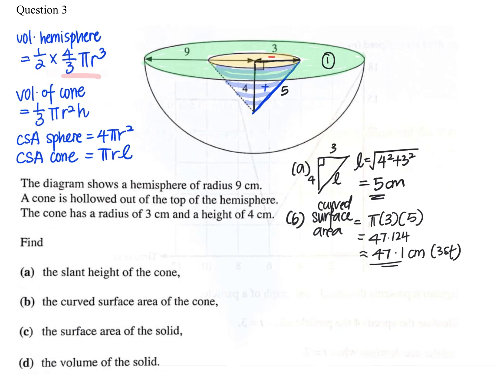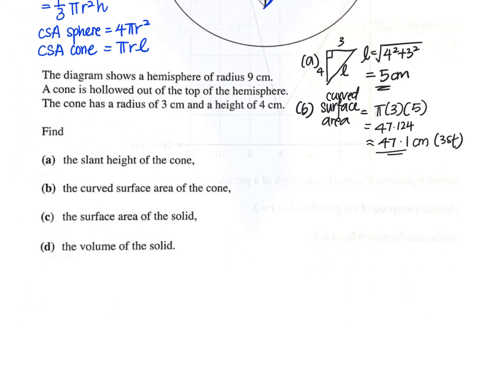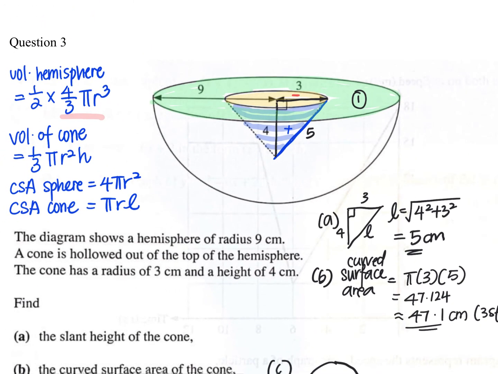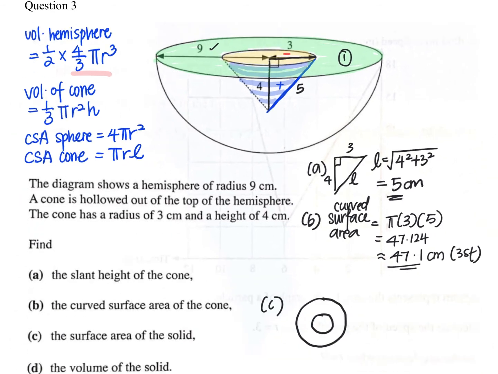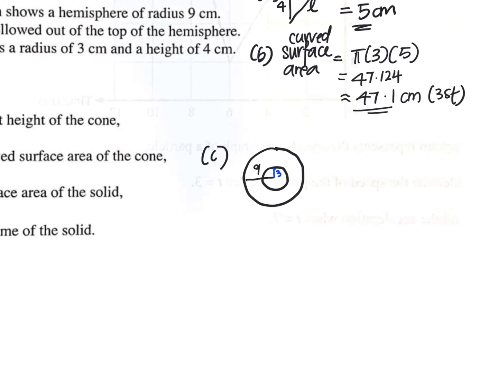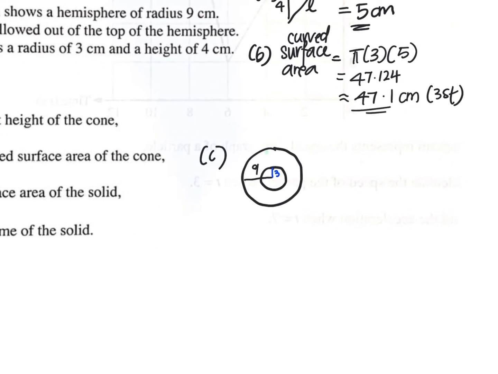Okay, so I'm going to do part C to find the total surface area. The first shape is this one that looks like a donut over here. Our radius for the hemisphere is 9 cm and for the cone is 3 cm. So the bigger circle has radius 9 cm and the smaller circle has radius 3 cm. To find the area of the donut, I'll take the area of the big circle minus the area of the smaller circle.